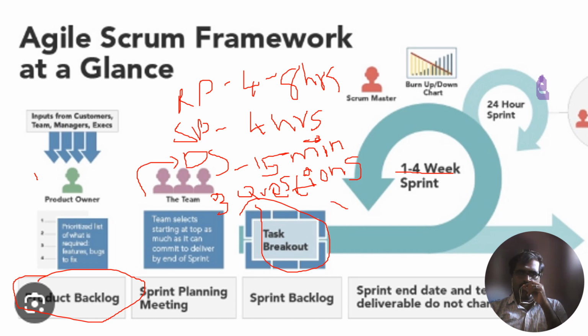So first, the sequence of events: the strategy meeting, which is often used in projects but not defined in the Scrum. Second, the release planning meeting, often used but not defined in the Scrum.